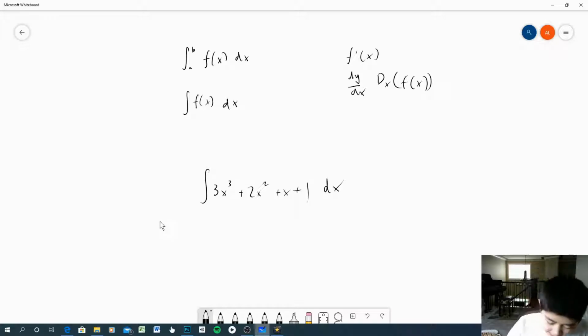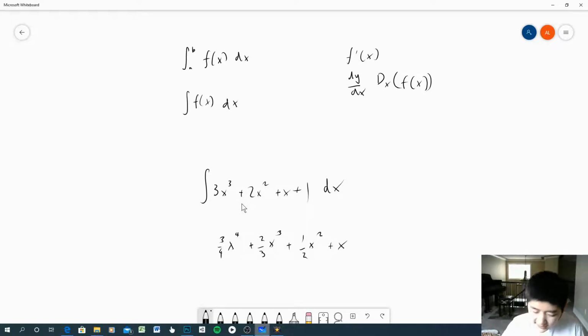So that will give us 3 over 4 x to the power of 4, plus 2 over 3 x to the power of 3, plus 1 over 2 x squared, plus x. And since we're taking the indefinite integral, we actually have to add a c. Because remember that this is just an antiderivative, and when we have an antiderivative, we have a constant that is undefined.